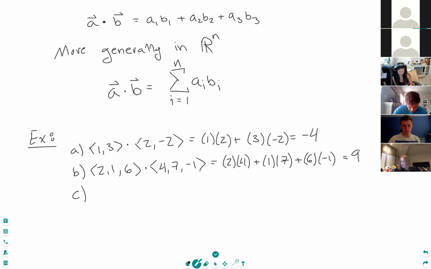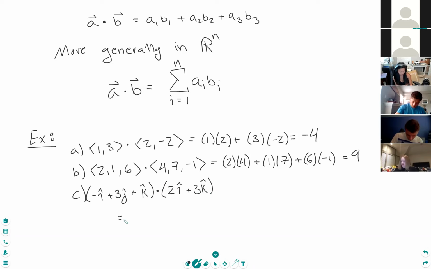Let's write it in terms of our i hats and j hats and k hats. We have negative i hat plus 3 j hat plus k hat dotted with 2 i hat plus 3 k hat.